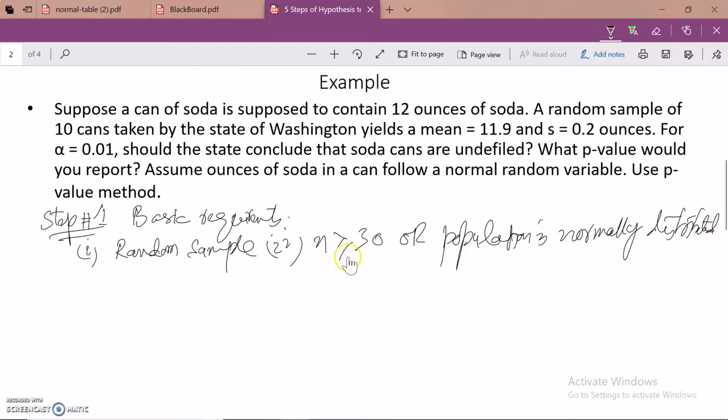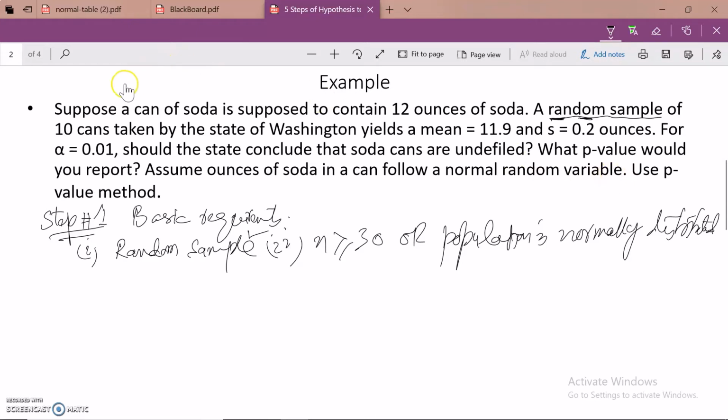So the state collected a random sample. Look at that, the state took a sample and that was a random sample. We are good with the first condition. Now look at the second condition. Look at what is written: assume the ounces of soda in a can follow a normal random variable. So we are given that the population is normally distributed.